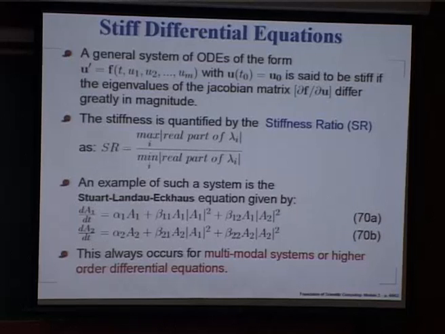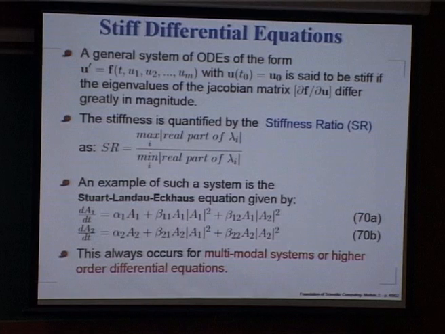For example, say we are trying to solve this vector equation, the unknowns being u1 to um, and you have prescribed some kind of an initial condition u0, and in the analysis of the system, you work out this Jacobian matrix, that is the partial of f with respect to the elements of u.